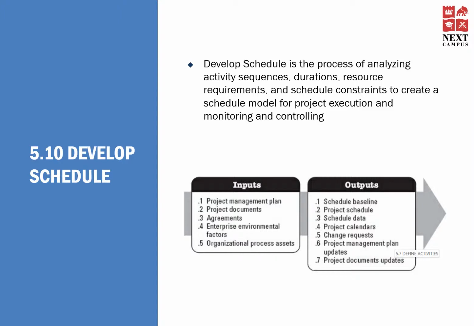So as you see, there are 5 inputs: project management plan, project documents, agreements, enterprise environmental factors, and organizational process assets. The outputs are numerous here. There are 7 outputs produced at the end of the development.